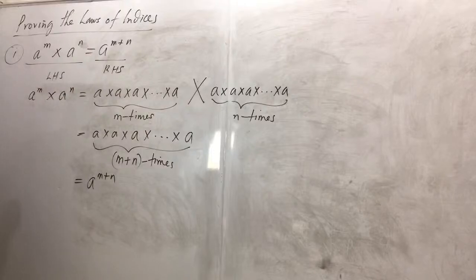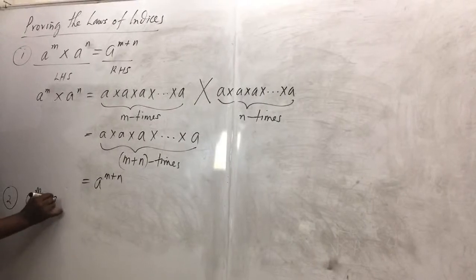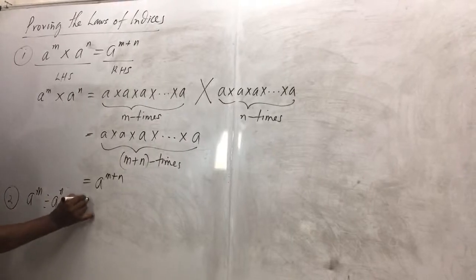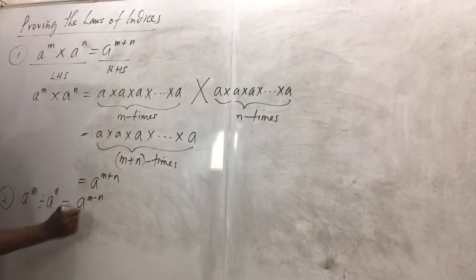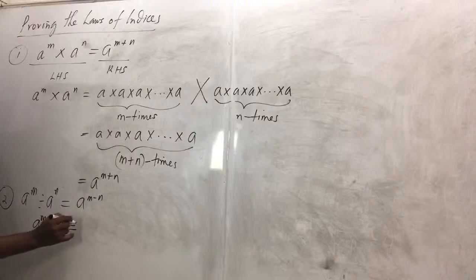Now, what about the subtraction law? What about the subtraction law? So for the subtraction law, we have a raised to the power m divided by a raised to the power n. We are going to be using similar logic. So the subtraction law states this, okay? So what are we going to do? We are going to write a raised to the power m divided by a raised to the power n in this manner.